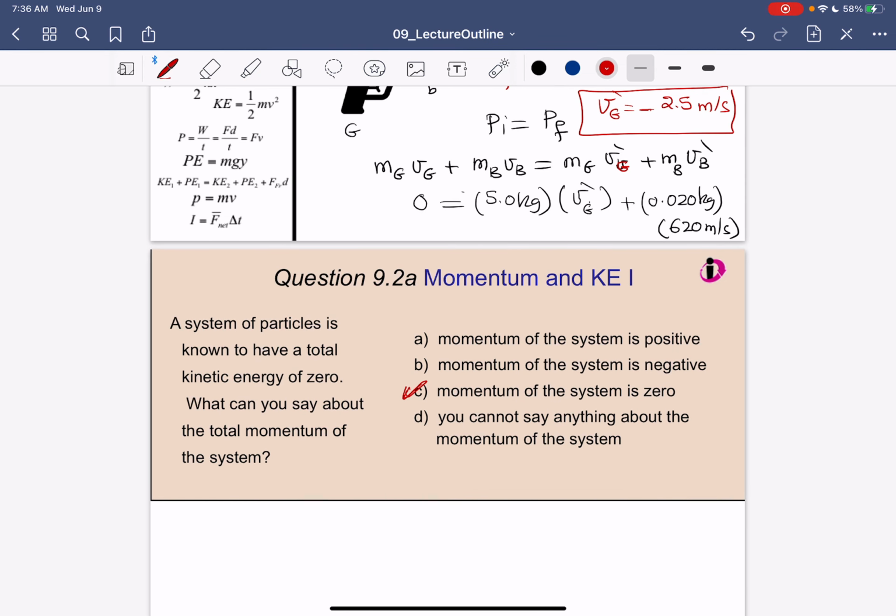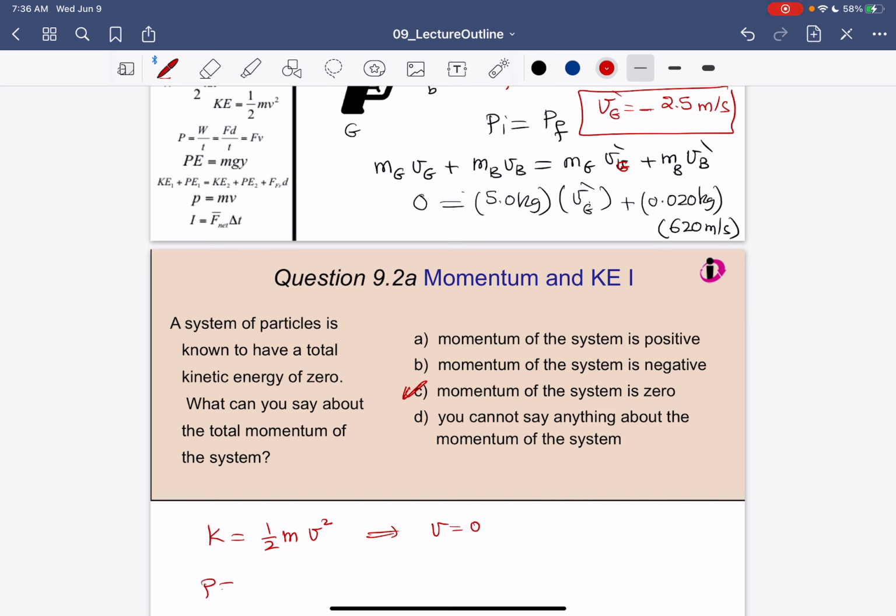Here, a system of particles is known to have a total kinetic energy of 0. What can we say about the total momentum of the system? Now, the kinetic energy is going to be 1/2 mv squared. In order for the kinetic energy to be 0, the velocities should be 0. Then all the velocities for all the particles are going to be 0.